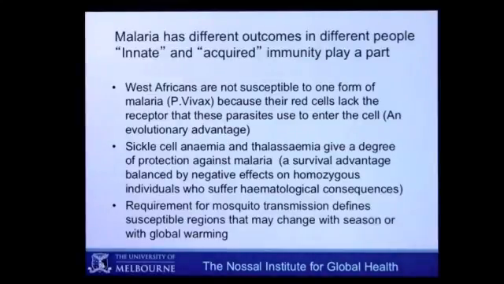And you've heard of blood groups A, B, O, AB, etc. Well, there are minor blood groups, the so-called Duffy blood groups, and the vivax molecule needs to recognise that receptor to get in. And West African blacks simply do not have that receptor, so they're 100% immune to Plasmodium vivax.